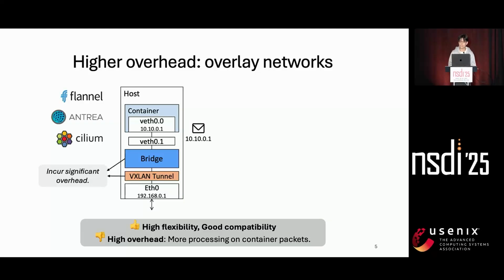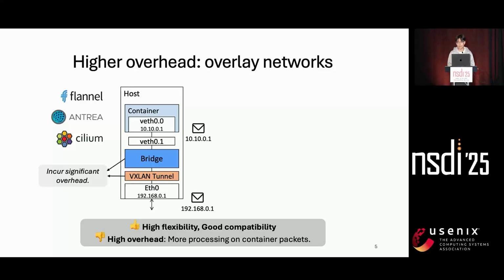To improve flexibility, overlay networks are a popular choice. Compared to bridge networks, they use tunnels, such as VXLAN tunnels, to transmit container packets. These tunnels encapsulate packets with outer headers, and then the packet can be routed in the physical network by the host IP.